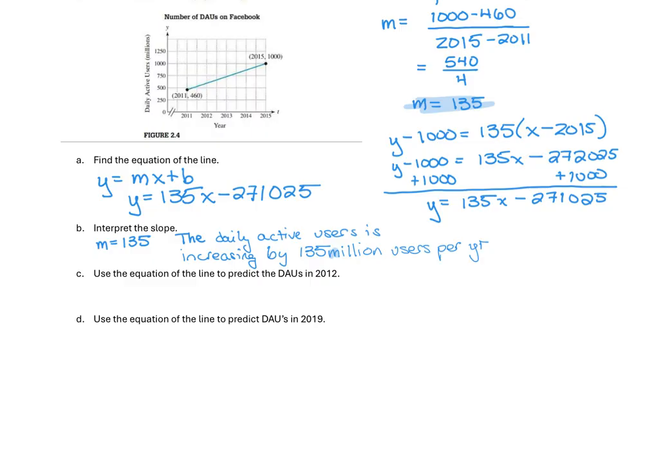Okay, let's look at example C and D. It says use the equation of the line to predict the daily active users in 2012. So we're going to plug into our formula. Remember, x is the year, so we are just going to plug in 2012 for x and then simplify this.